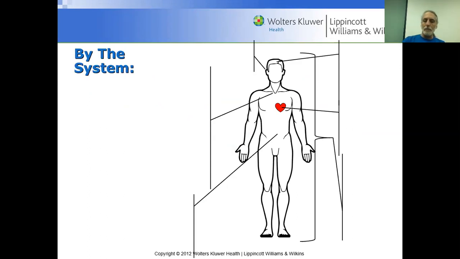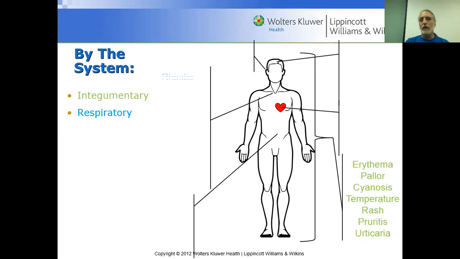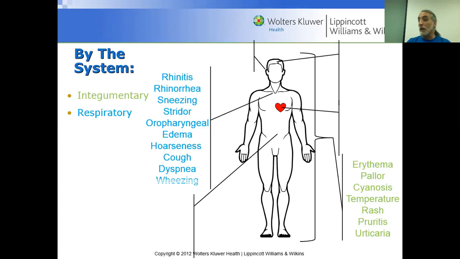So by the system, let's look at some reactions here. Skin: erythema, pallor, cyanosis, elevated temperature, rash, pruritus, and urticaria. Respiratory: rhinitis, runny nose, sneezing, stridor.